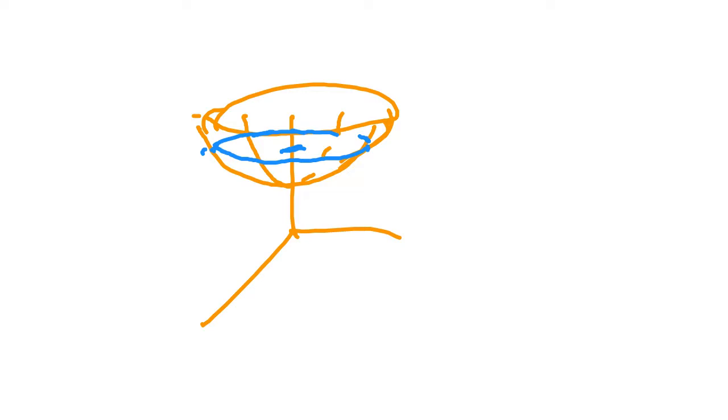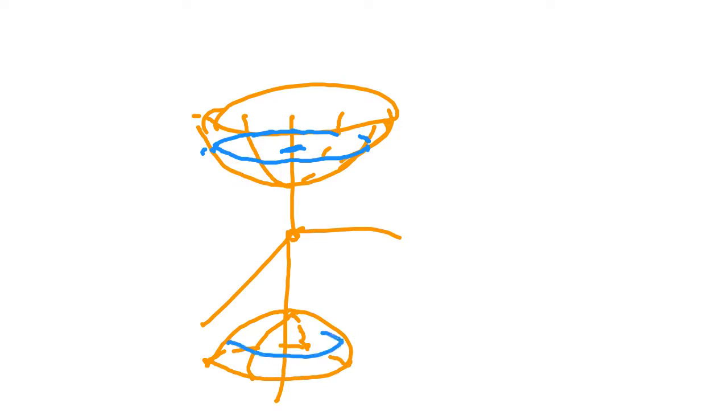So if you go up high enough or down low enough, you get a cross section that is an ellipse. And if I go down 10, then my cross section, parallel to the table plane, would also be an ellipse.